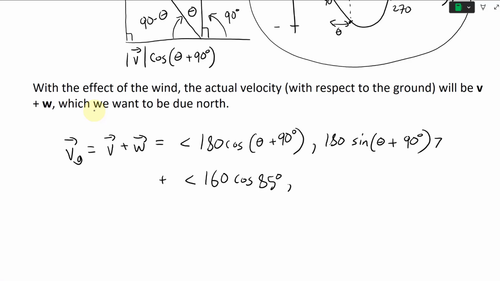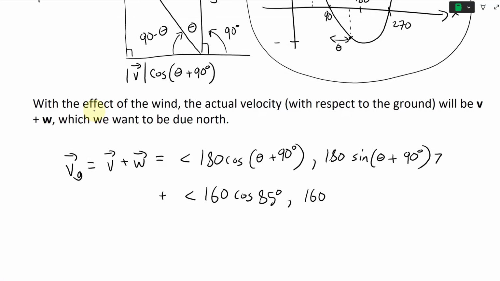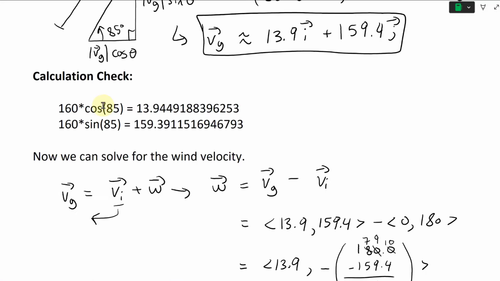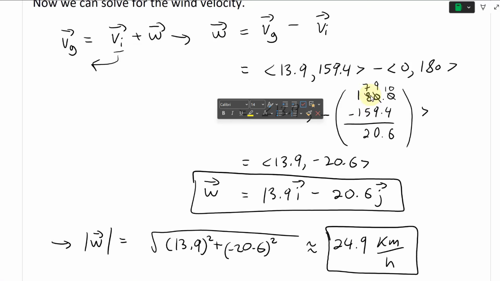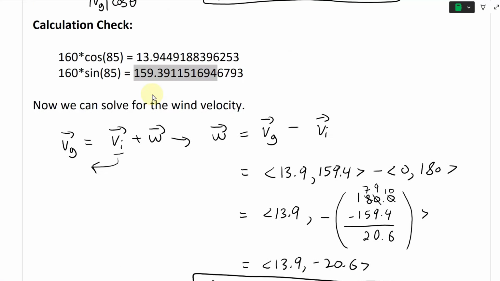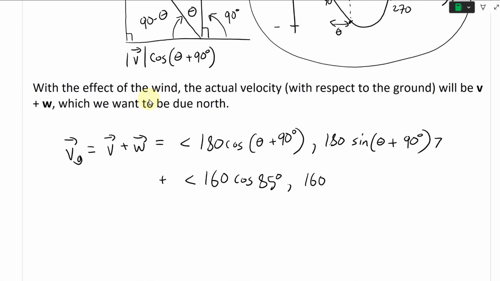And again, just because the solutions manual did that, that's easier to work with. I guess it's just more accurate instead of always having to use the approximation format. Then the next one is going to be 160 sine 85, so 159.4, and then subtracted by 180. So 160 sine 85 degrees minus 180.